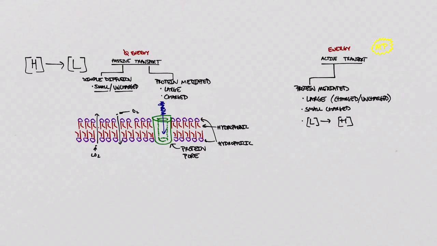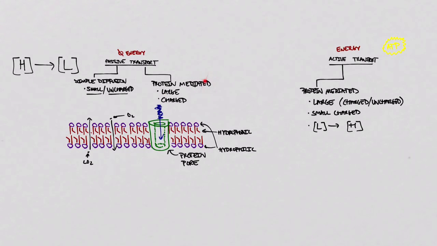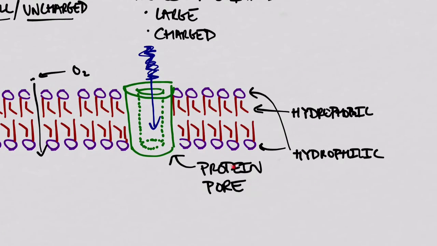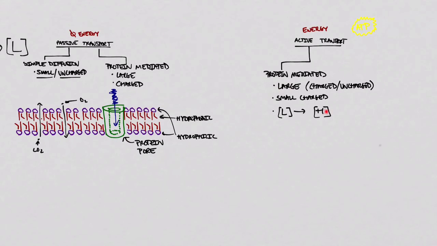The thing to note about these is that we can control what enters or exits a cell with both types of protein-mediated active and passive transport. And the reason for this is that the protein pores can be closed, or the energy required to pump these things can be cut off.